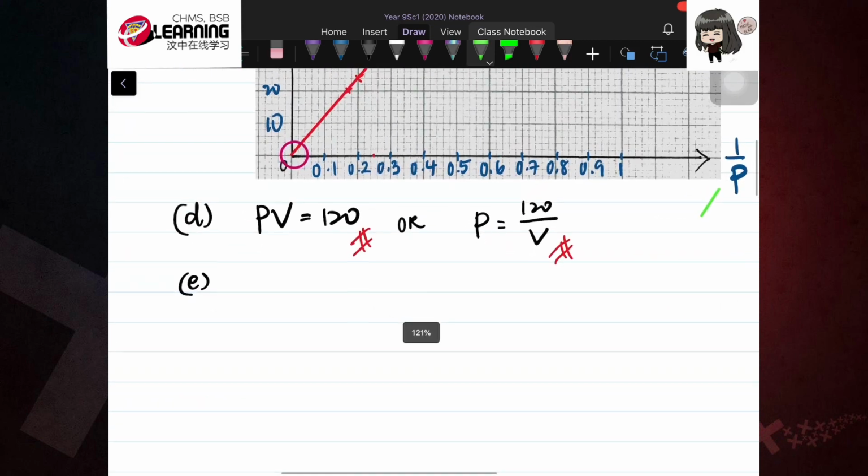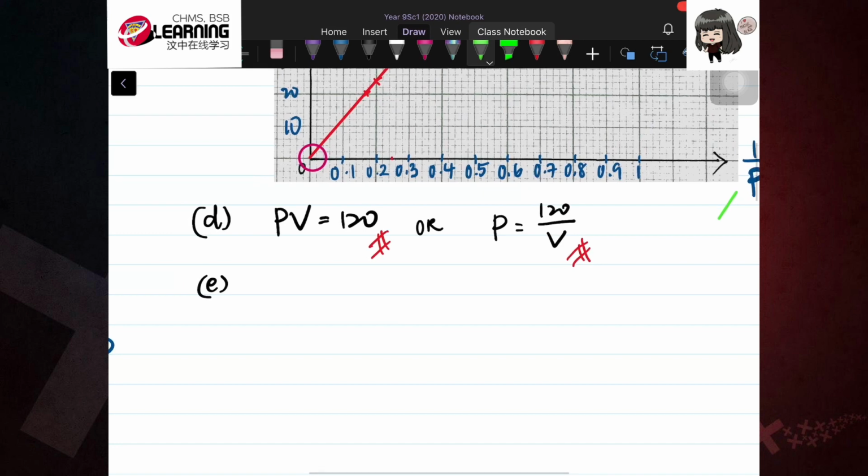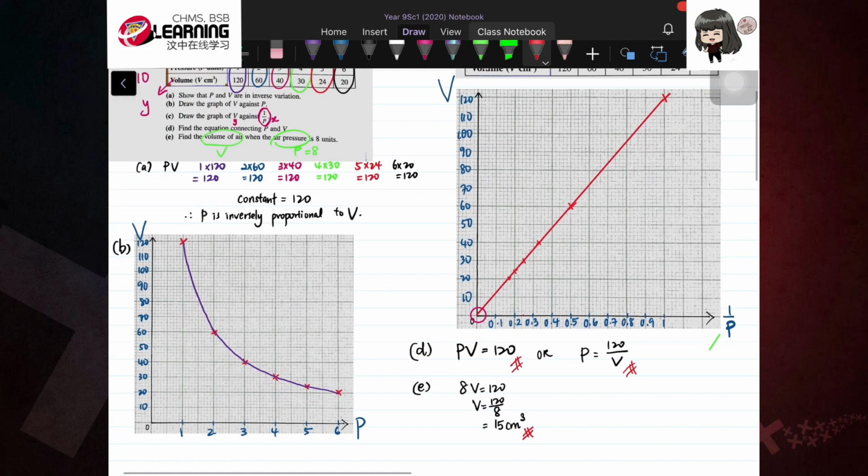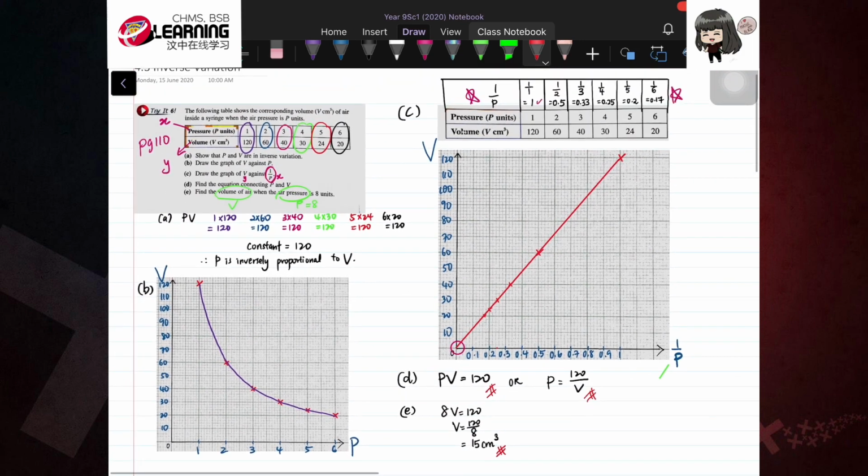We just substitute into the equation we already have. 8V equals 120, so V equals 120 divided by 8, and you get 15 centimeter cube because it is volume. So that's it for Try It 6.